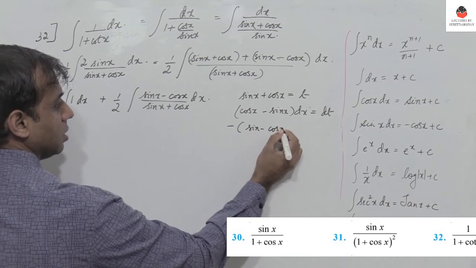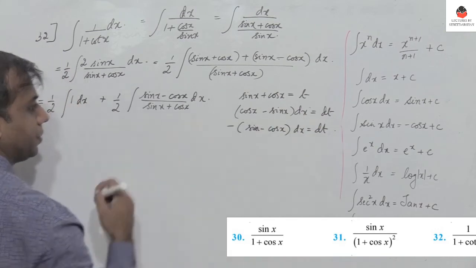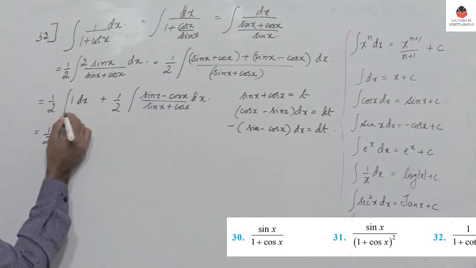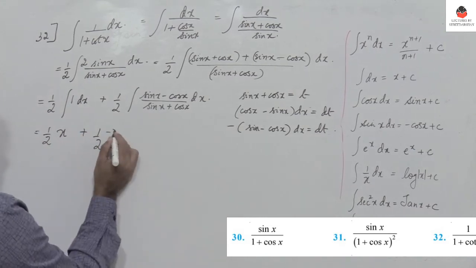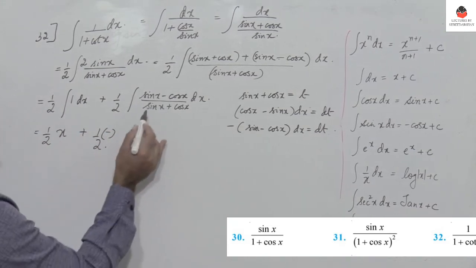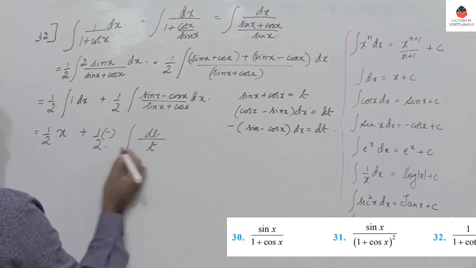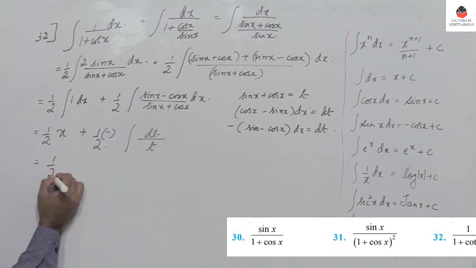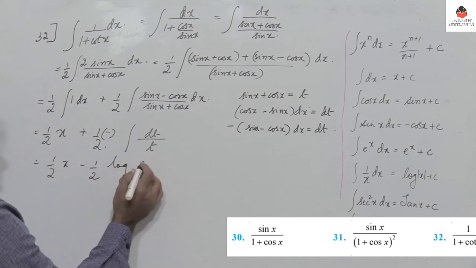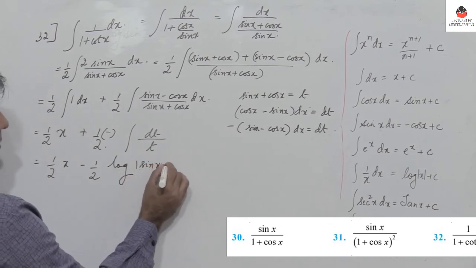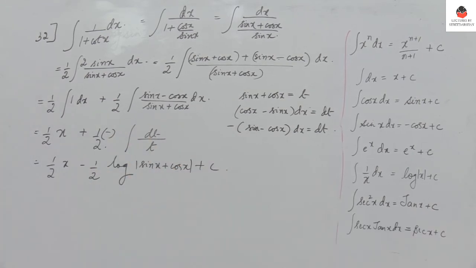So sin x minus cos x dx equals minus dt. So this is 1 by 2 integral of dx, which is x, plus 1 by 2, with a minus sign, integral dt divided by t. Therefore you get 1 by 2 x minus 1 by 2 log t. What is t? Sin x plus cos x plus c. So this is the answer we get.